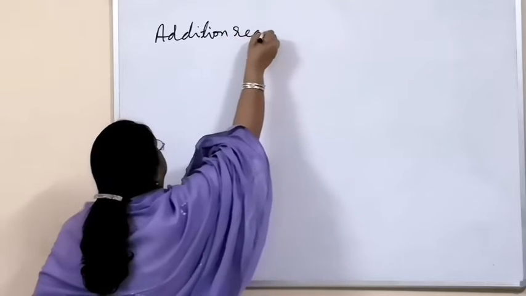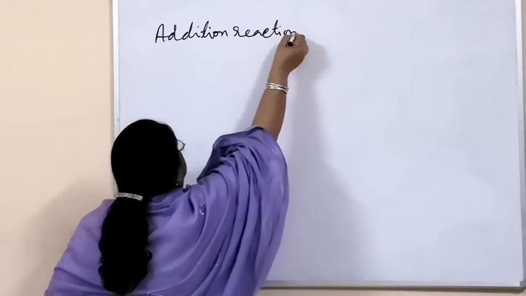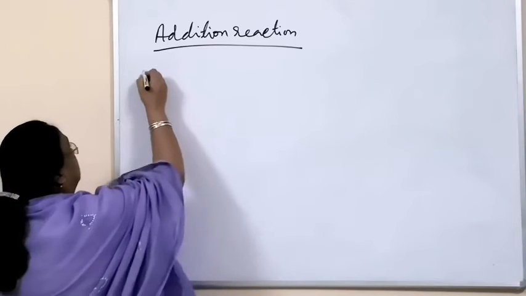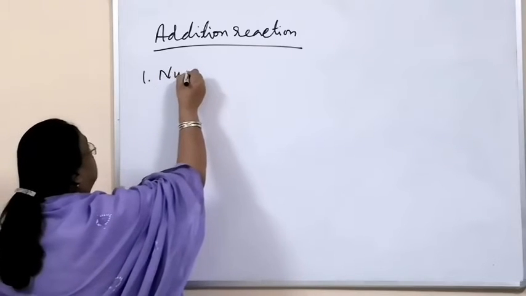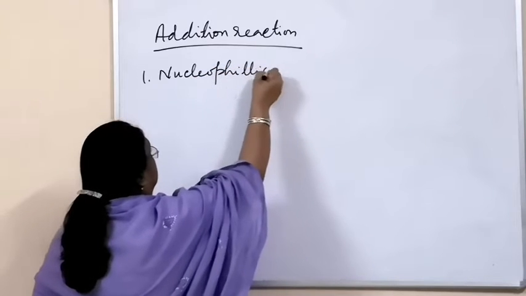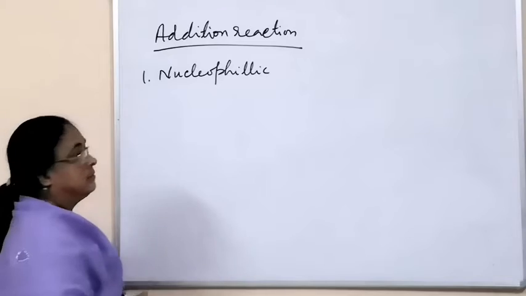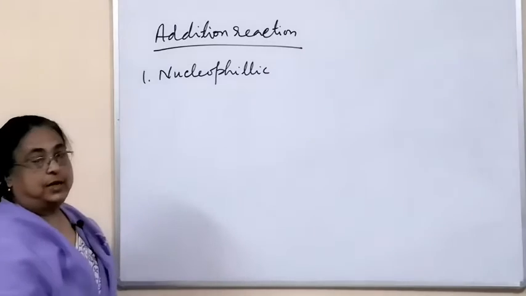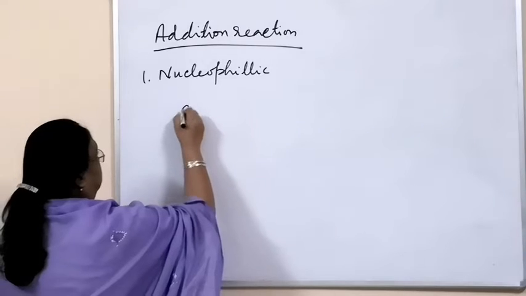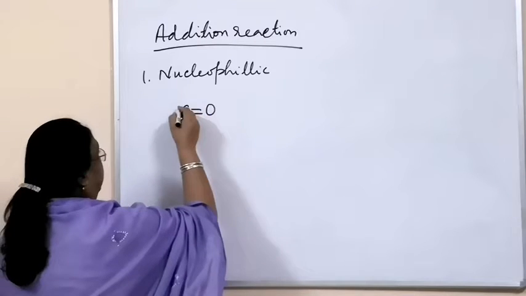Addition reaction. This is of three types, and all three types you have to do. The first is nucleophilic addition reaction. Since it is an addition reaction, the substrate has a double bond, and that double bond will be between dissimilar atoms.